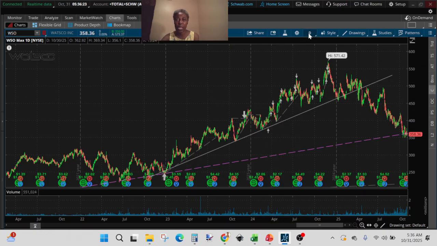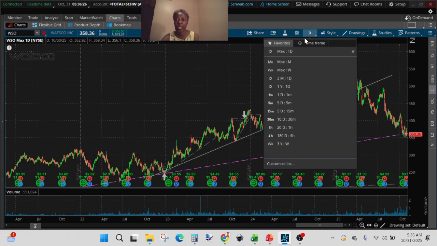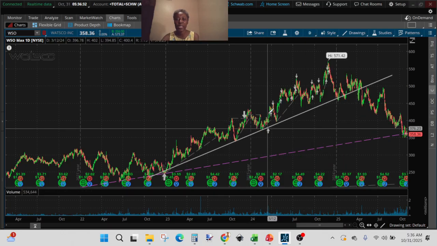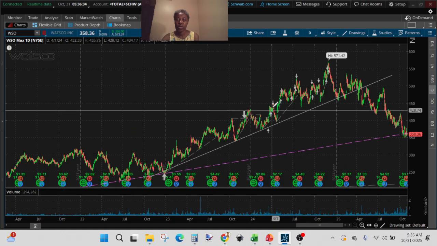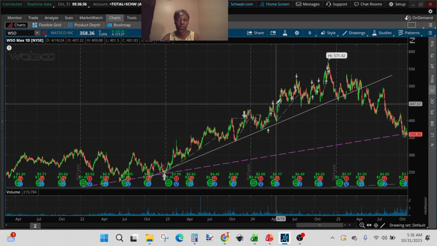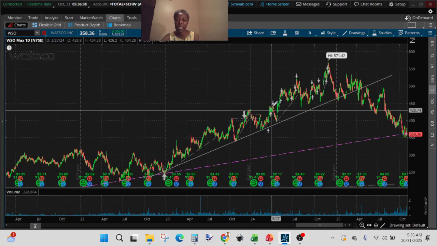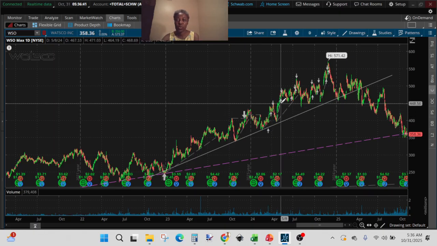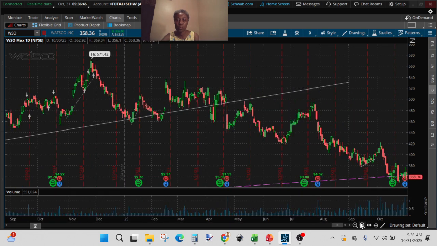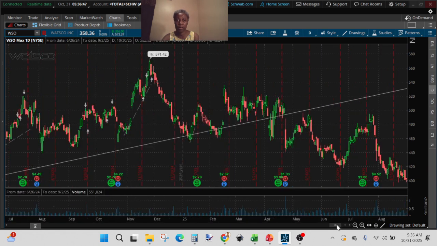We are using the maximum daily chart, so every candlestick is a 1-day time frame. We purchased it there, we sold it there, and so on.